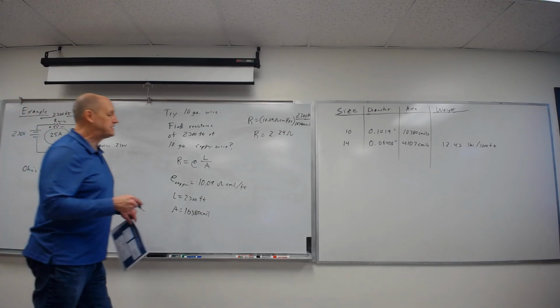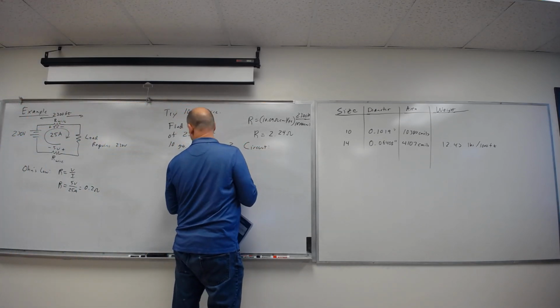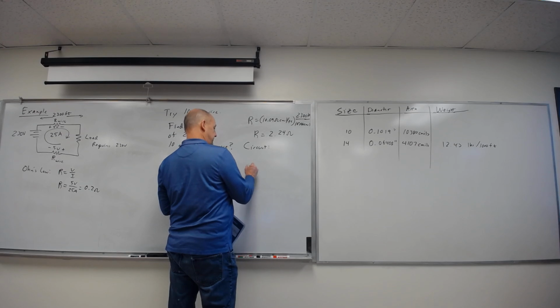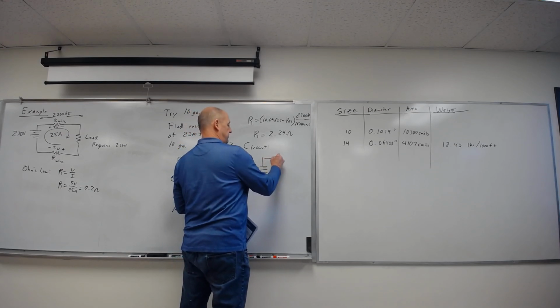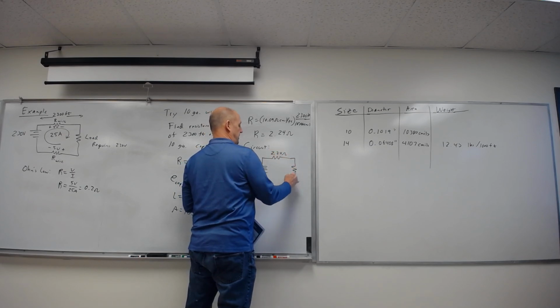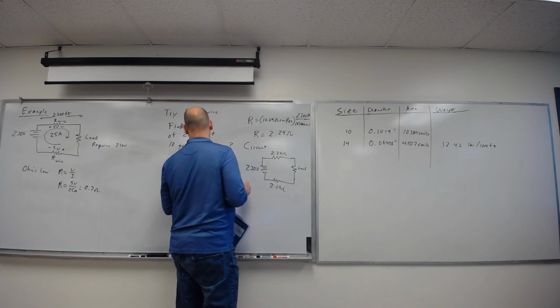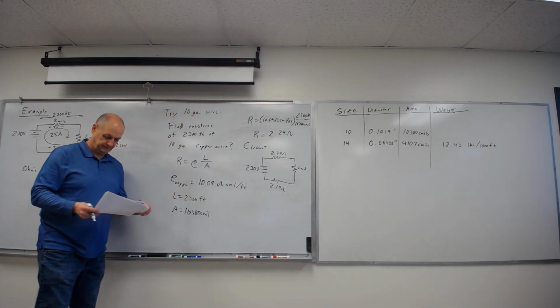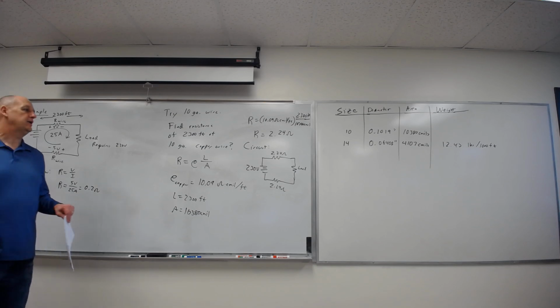So go back to my circuit. And I have 2,300 volts. And I have a resistor that's 2.24 ohms. And I have my load over here. Okay.